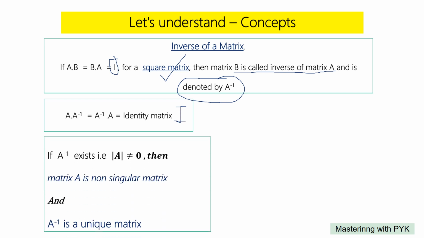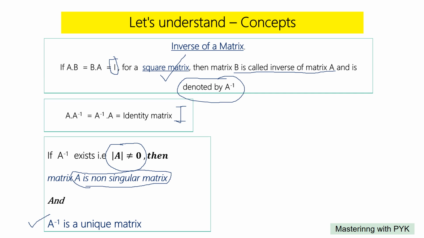If A inverse exists, then the determinant cannot be 0, and the matrix is called a non-singular matrix. The value we get for A inverse will always be a unique matrix. This means the resultant for A inverse is unique.